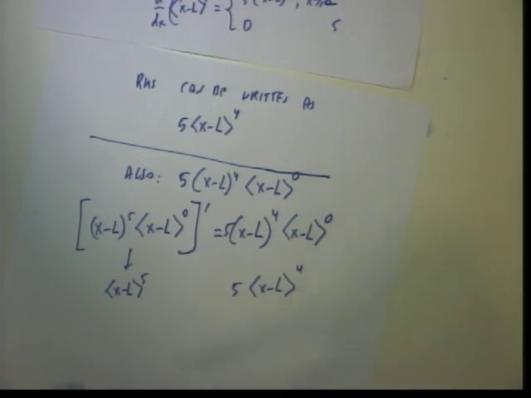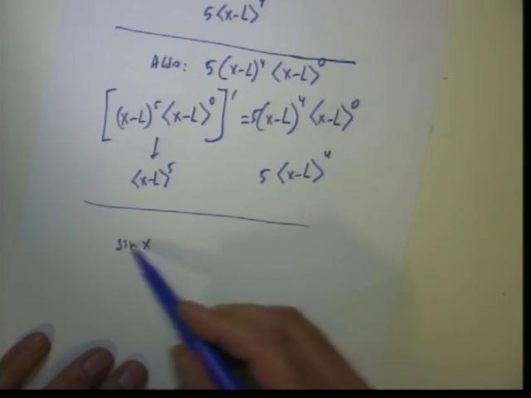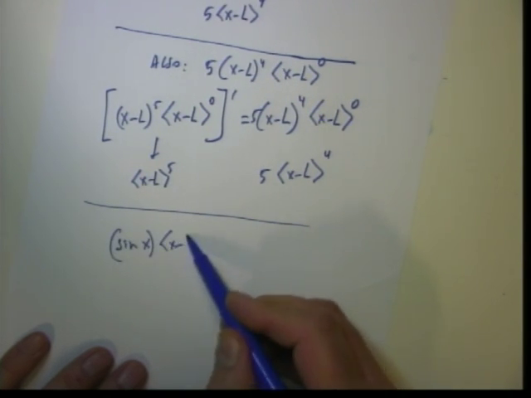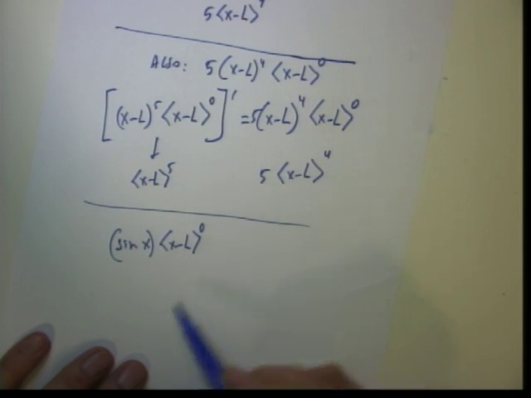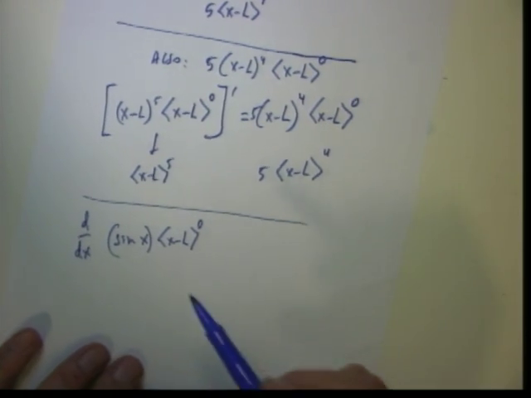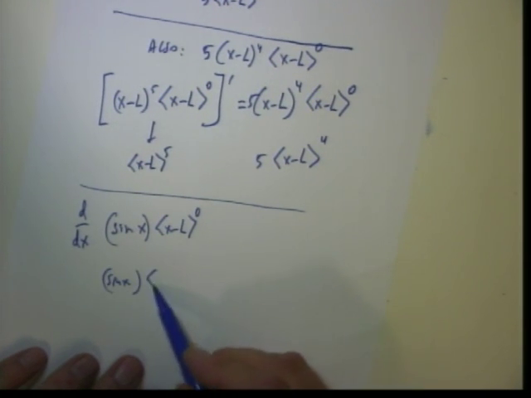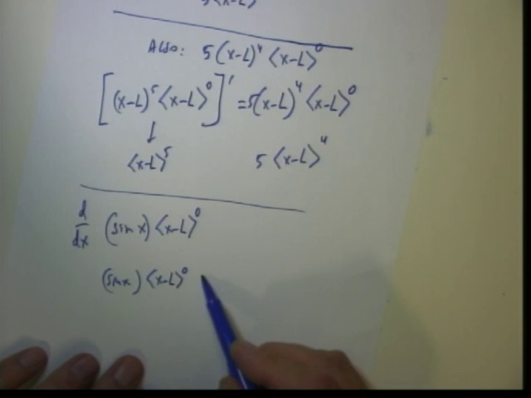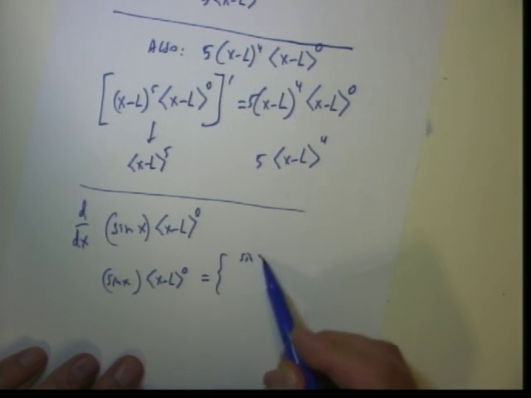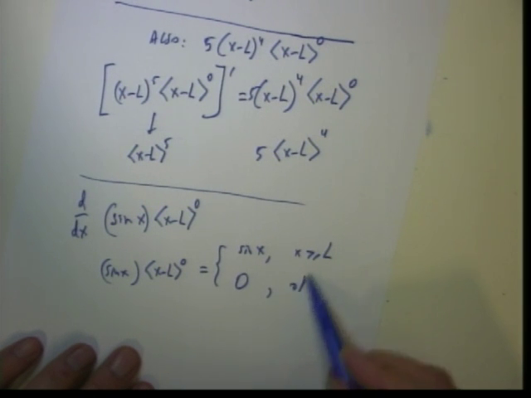But it could be a non-polynomial function. Let us imagine I have such a function, sine x times (x - L0), and I would like to calculate the derivative. So what is this function? Sine x times (x - L0) is sine x if x is greater or equal than L, 0 otherwise.